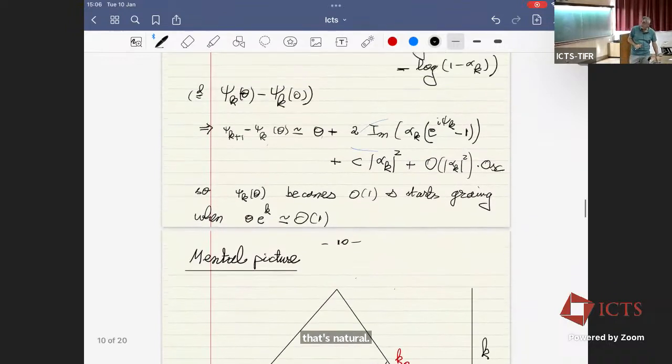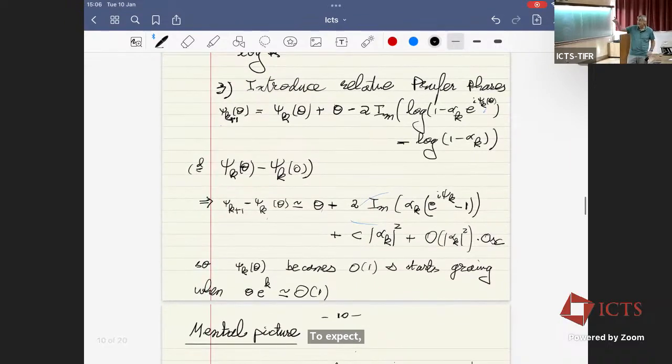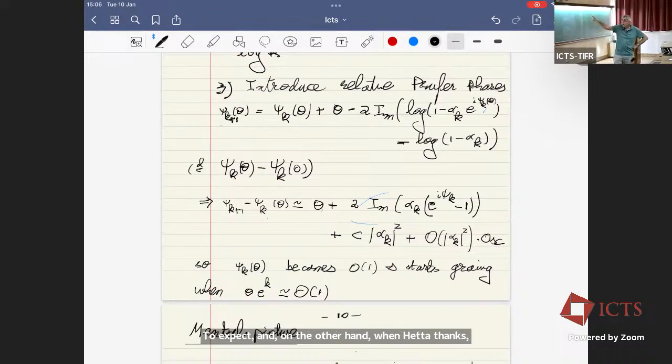And on the other hand, when theta times k is larger than 1, the variance of the additive noise here is essentially 1 over k. So it's tiny. So if theta times k is large, you oscillate like crazy, whereas you add only the tiny noise.